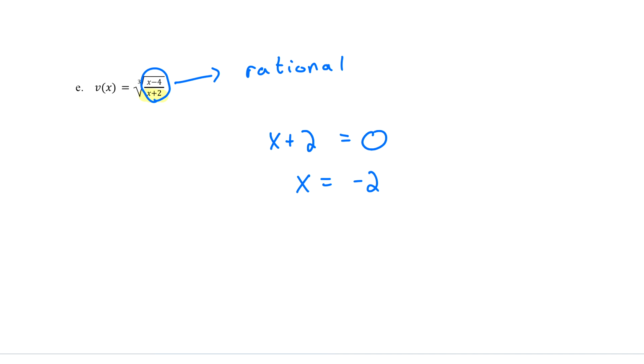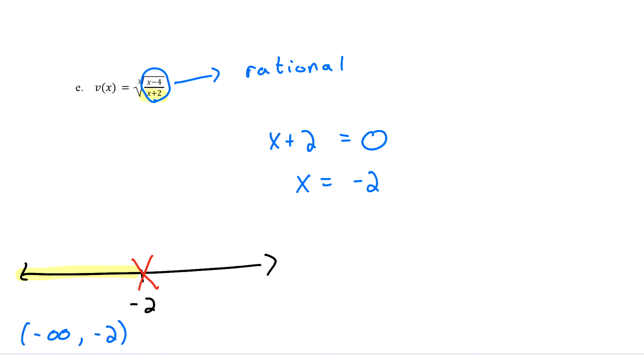If we need to, again, we can draw out a number line, and we can say, here's negative 2. It's continuous everywhere except for that value. So it's continuous on the left-hand side. So that left-hand interval would look like negative infinity to negative 2. Again, we don't want to include negative 2.